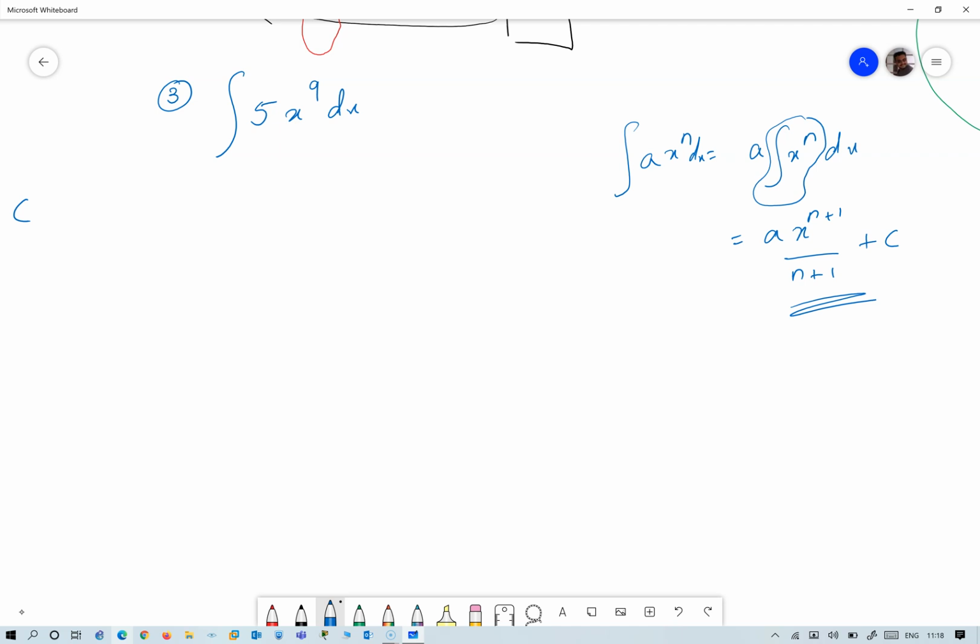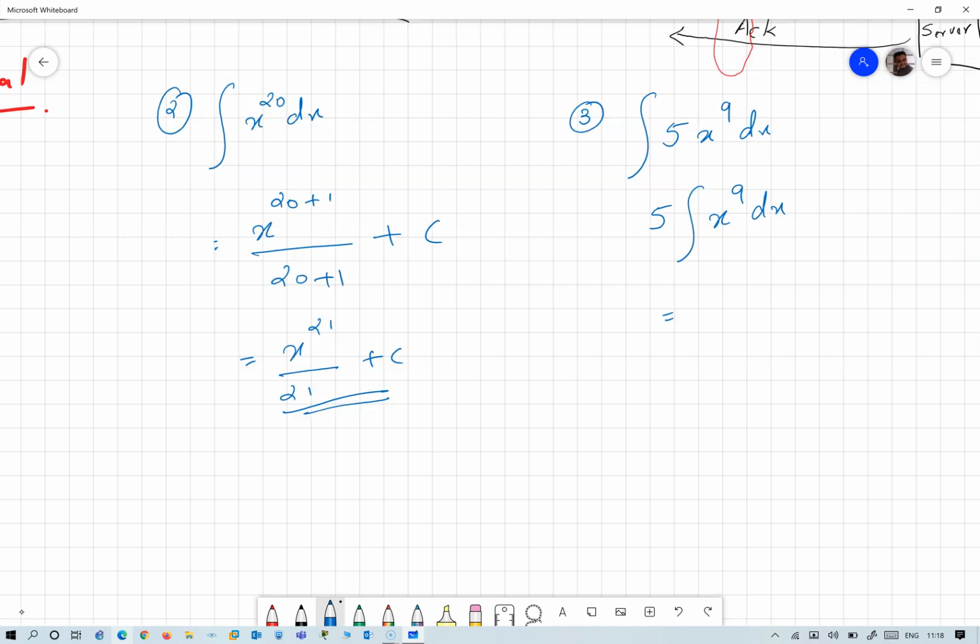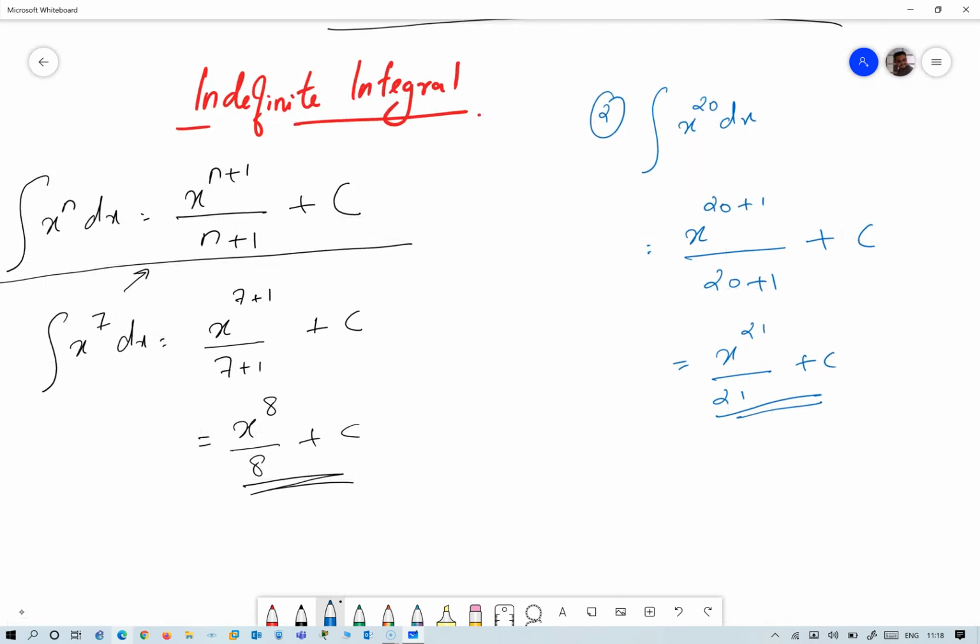So now that you have a 5 attached to x to the power 9 dx, this should be 5 integral x to the power 9 dx, and now integrate x to the power 9 according to our formula.